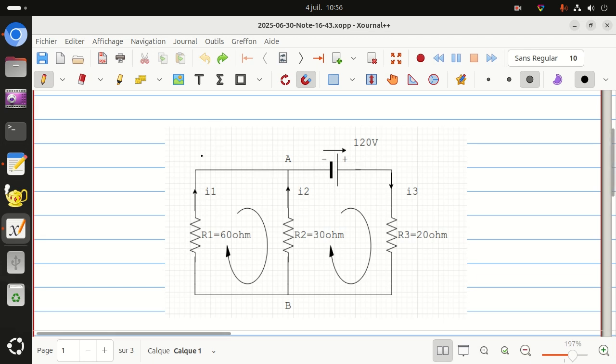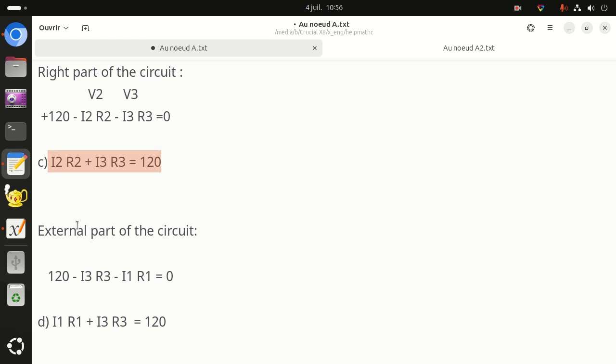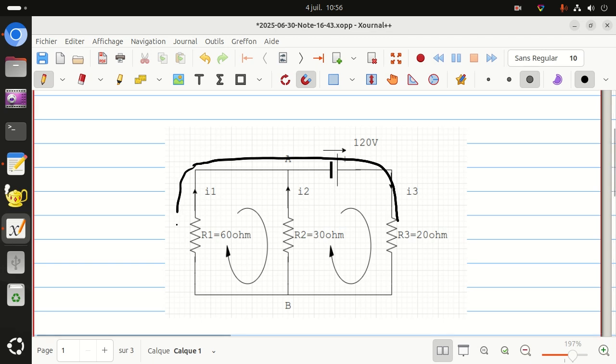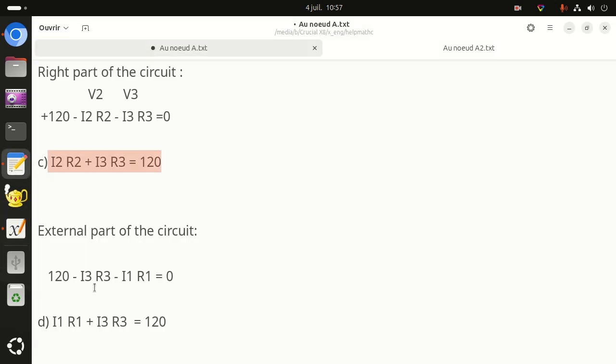You can do the same thing with the external part of the circuit. You have the same direction for the loop, and you can write this equation for this loop.